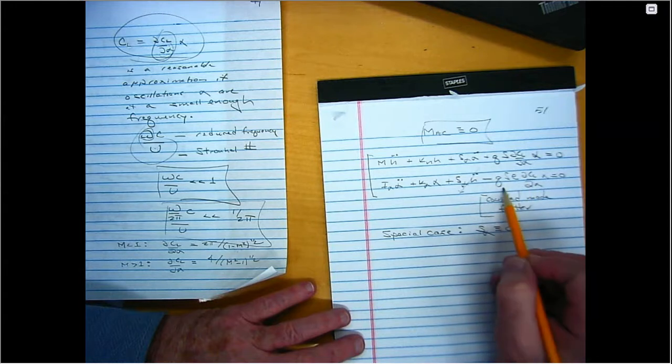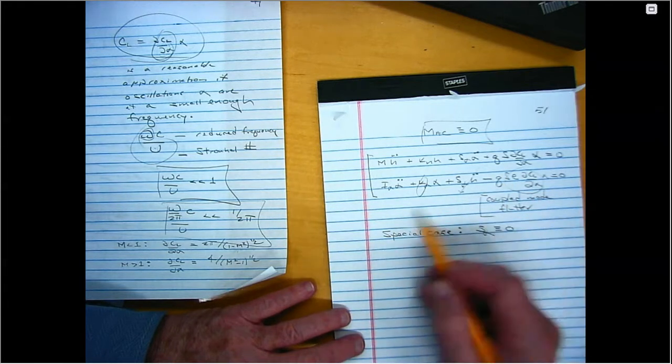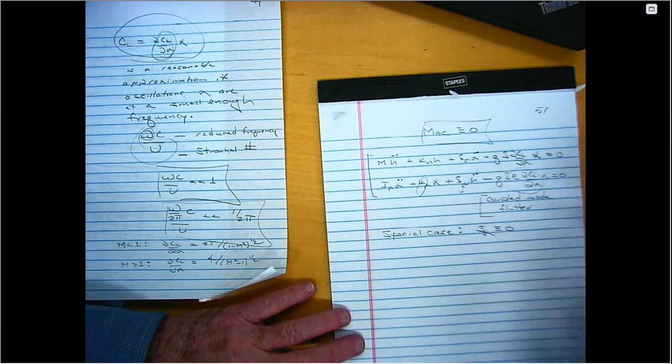But this motion can be unstable, but it can only exhibit divergence. Remember, divergence is when this term and this term cancel with some magic letter Q. So this dynamic equation for this situation says the only instability that can occur is divergence. Okay?